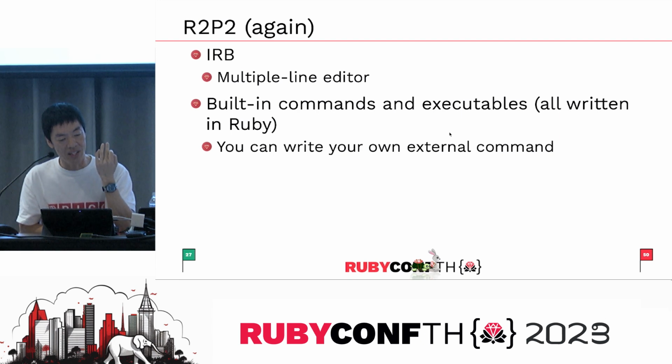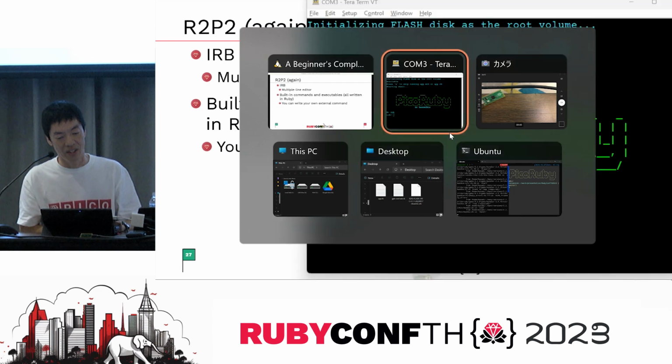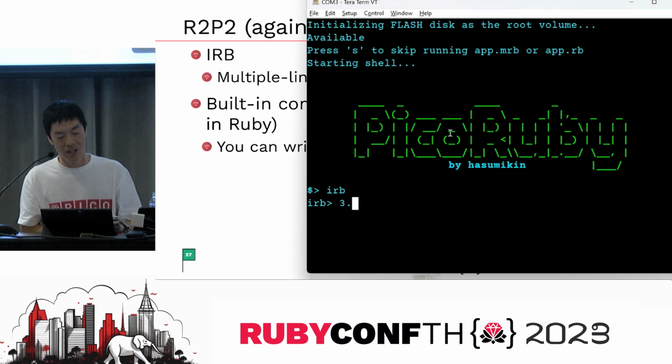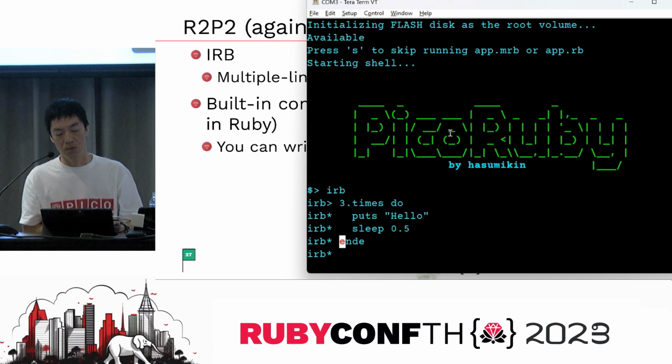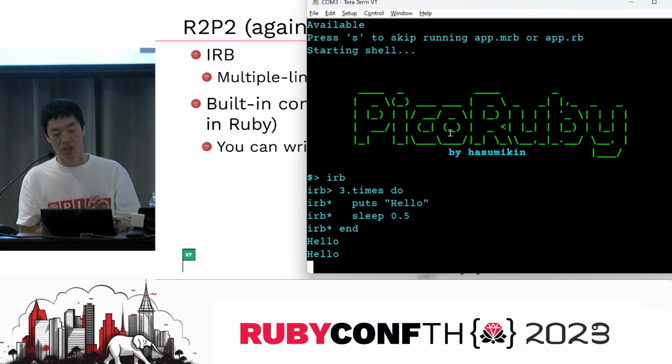R2P2 has a multiple line editor, IRB, which is cool, right? 3 times do, test, hello, sleep, hello.